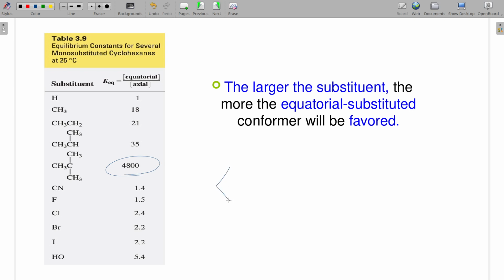So if I have a ring, and on this ring I add a tert-butyl group, I know that pretty much the only chair conformer that one's going to form is going to have that group equatorial. And that particular structure pretty much is not going to go through a ring flip, because it's 4,800 times more likely to be like that than it is to have it in the axial position.